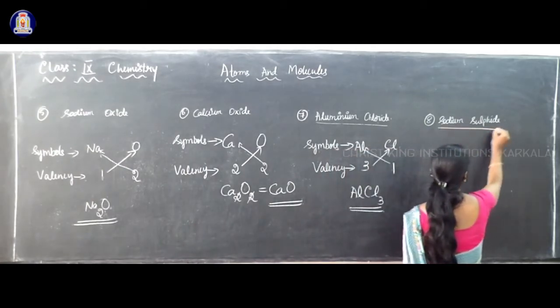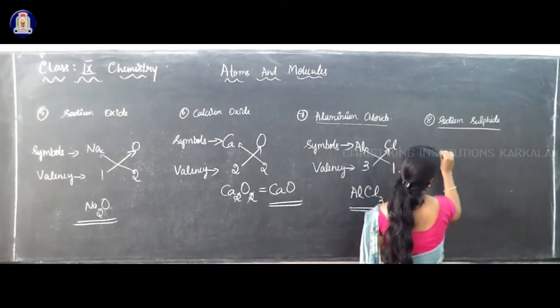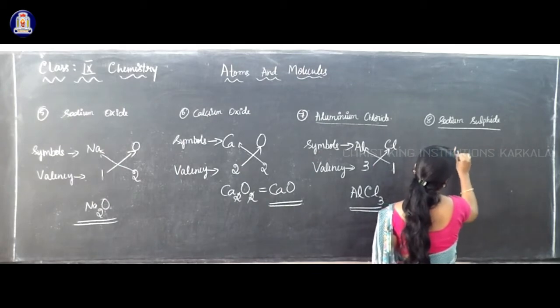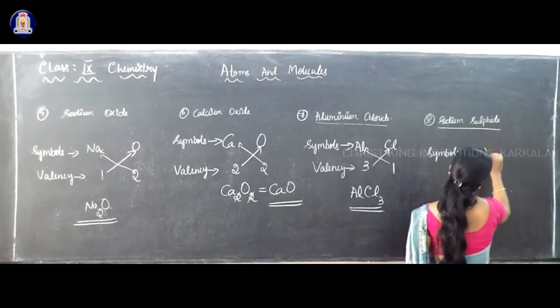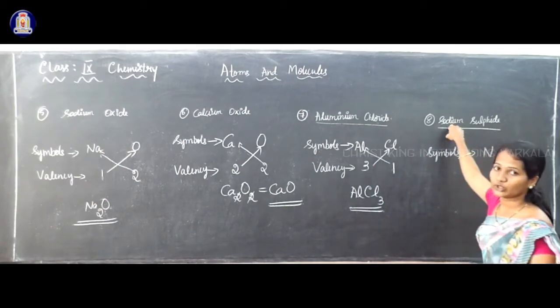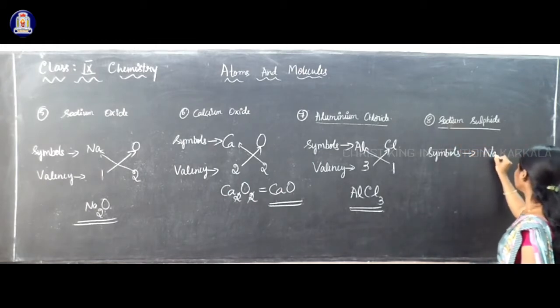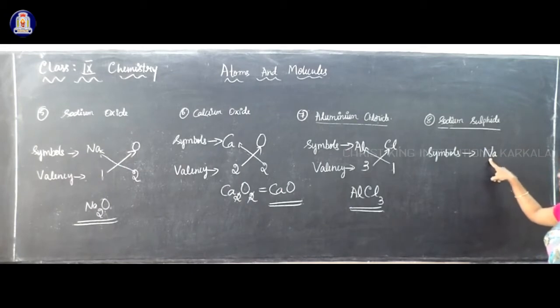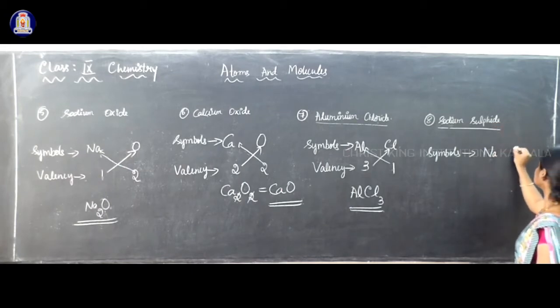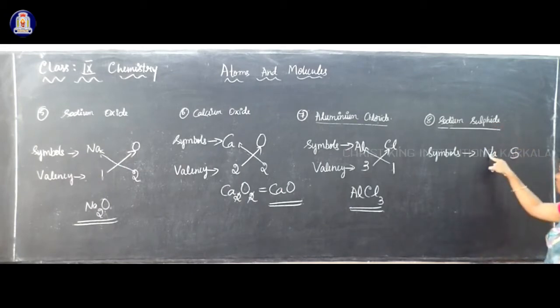Last one is sodium sulfide. The symbols of the elements present are: one is sodium, which can be represented as capital letter N, small letter a, sodium, natrium. Sulfide, that is sulfur.